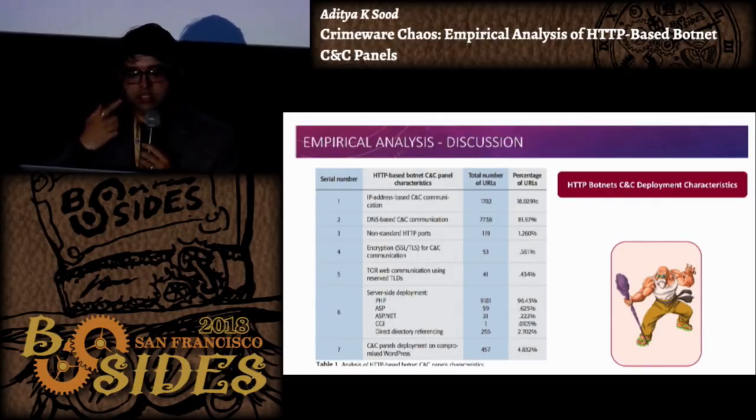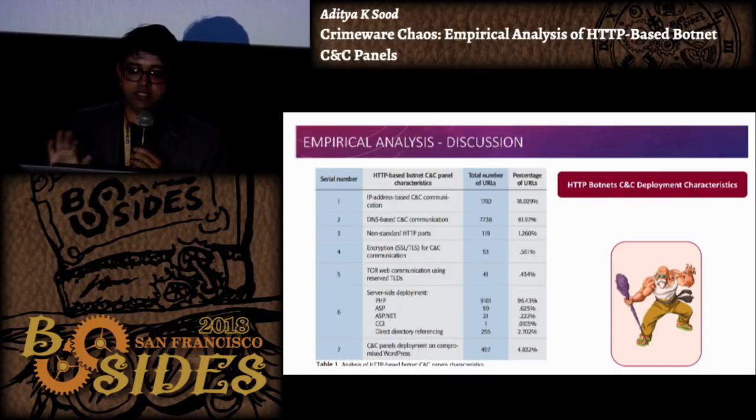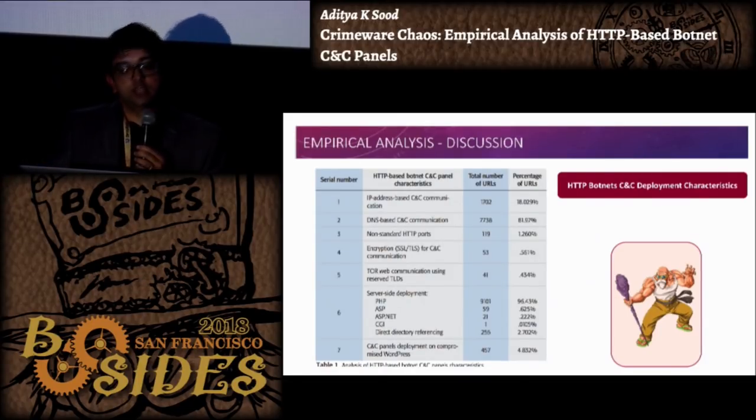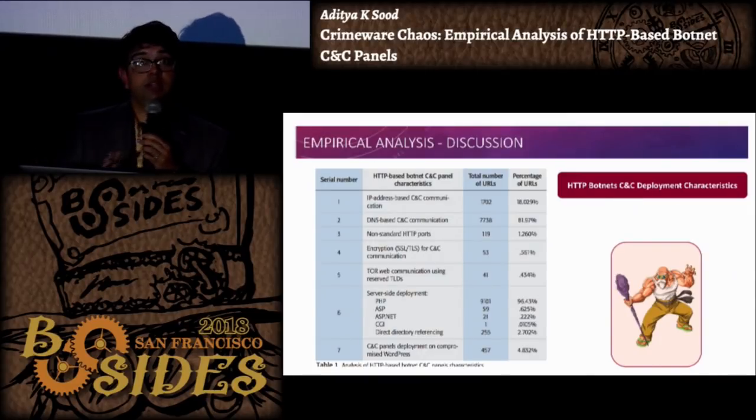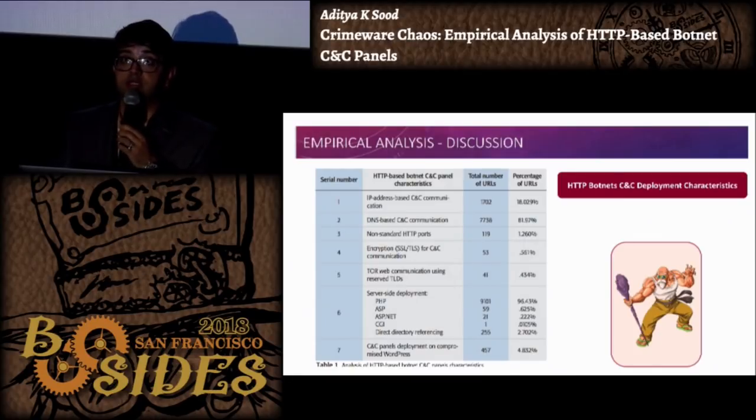Encrypted SSL connections, yes, we've seen those, where there were no validated certificates, but it was just 0.5%. So still, adversaries, botnet operators, or attackers are going after clear text HTTP communication to a great extent. It doesn't mean that they are not using HTTPS.